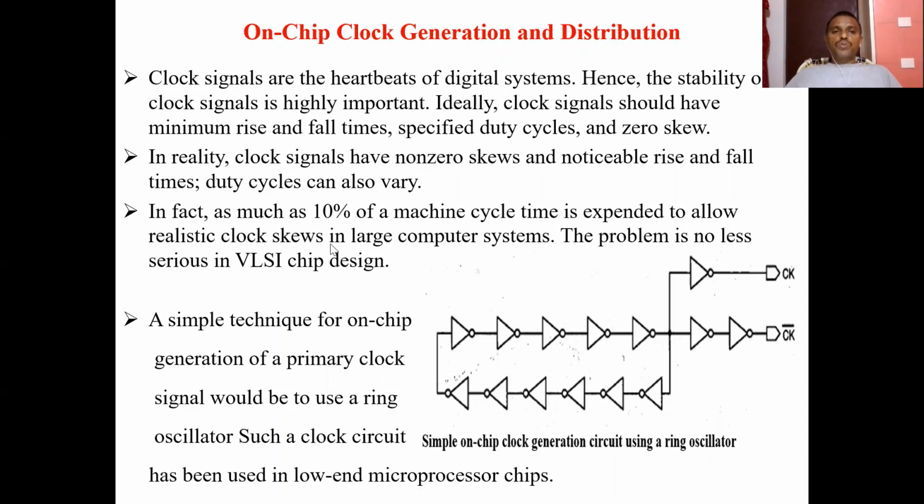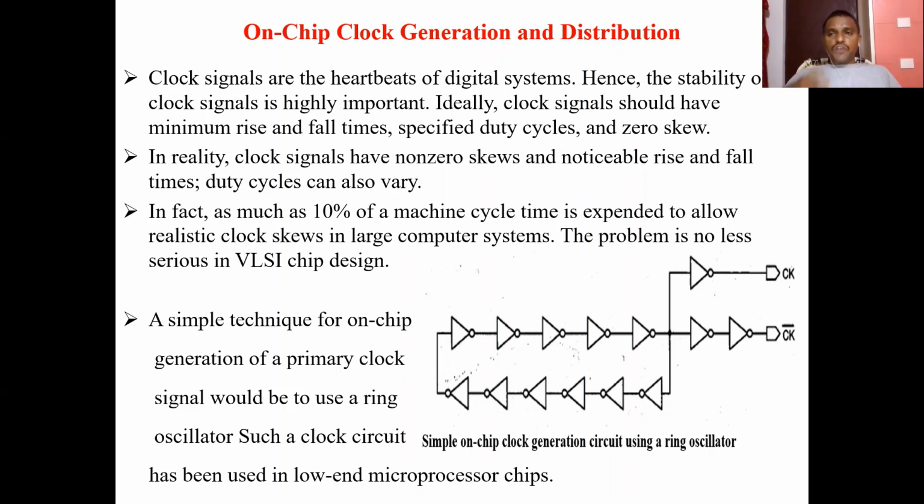In this one, we are going to see about the clock generation and distribution. Here, clock signals are the heartbeats of digital systems, hence the stability of clocking signals is highly important. I told that in digital systems we are using this clock signal.